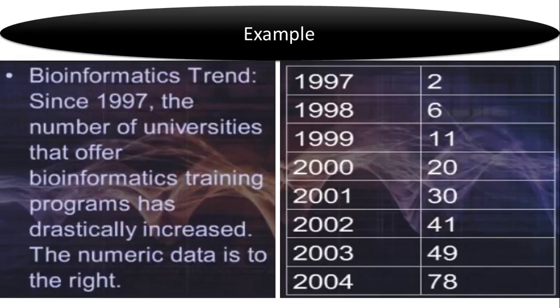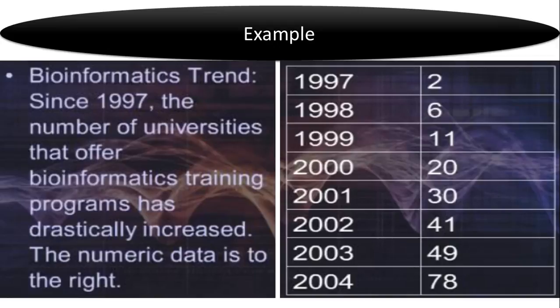So we start with the example of bioinformatics trends since 1992, in which we show you the number of universities that are offering bioinformatics training programs from the year 1997 to the year 2004.